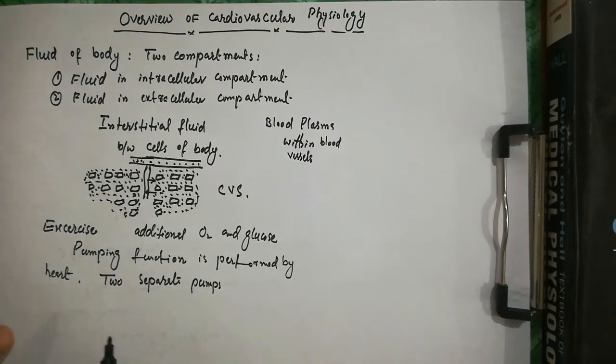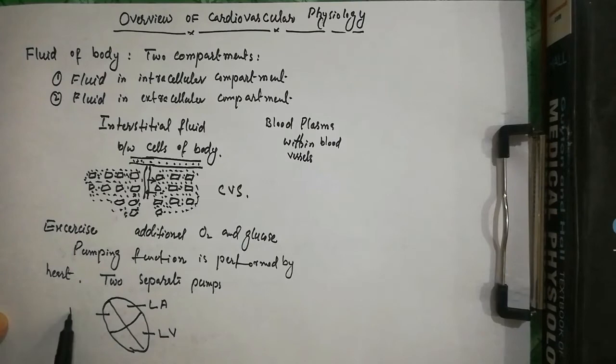See this diagram. This is a simple physiological diagram of the heart. This is left atrium, this is left ventricle, this is right atrium, this is right ventricle. This is the right pump or right heart, and this is the left heart or left pump.